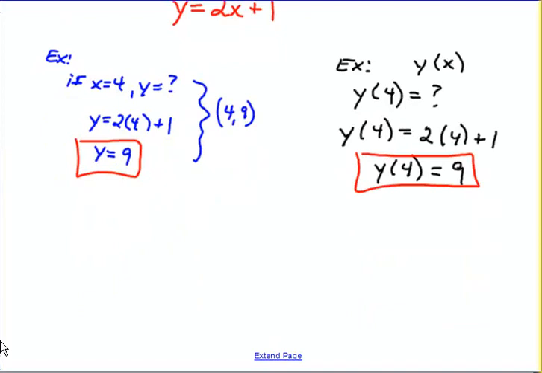Now, of course, I'm kind of spoiling you with using y's everywhere. I told you you can have f of x, right? But it would mean the same thing. Let's find an example where they use f of x. How about, I'll use x squared, our favorite function we just learned about.